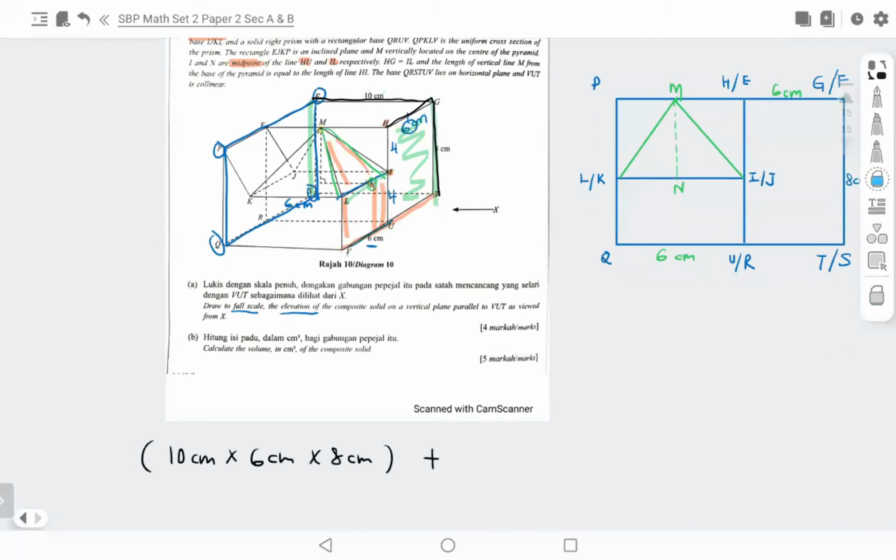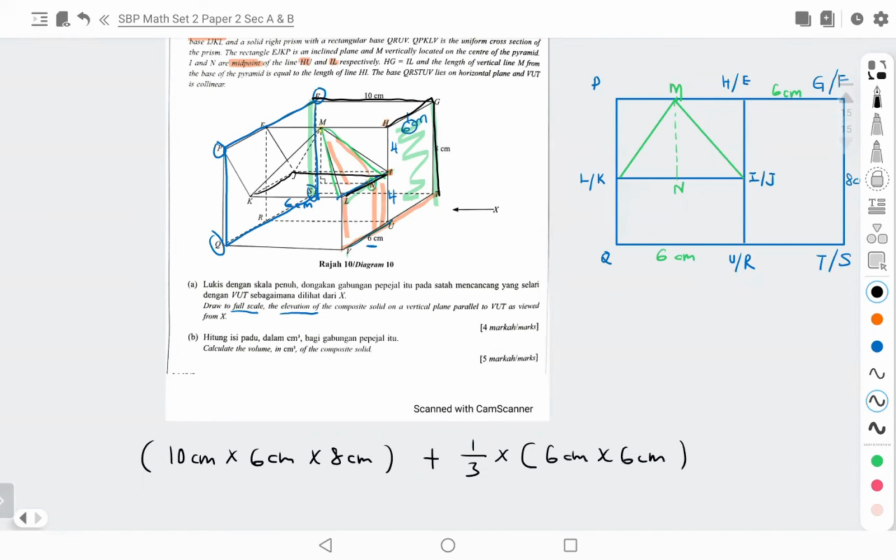Next, you find out the pyramid first. Volume of pyramid is 1/3 times base area times height of the pyramid. So the base will be a square base, so 6 times 6.